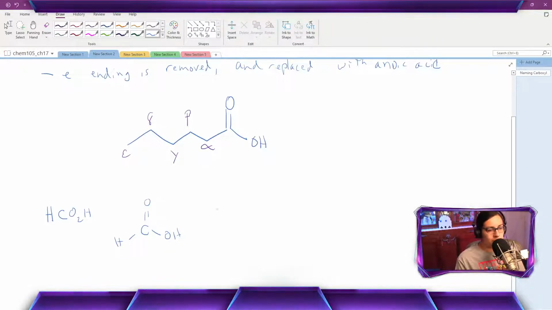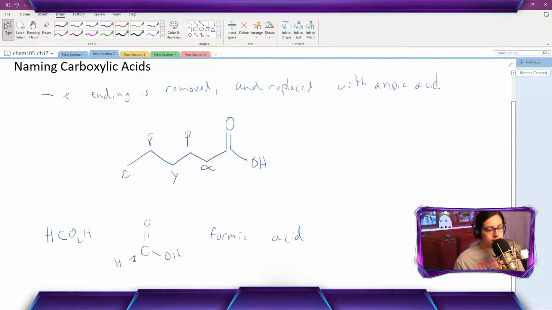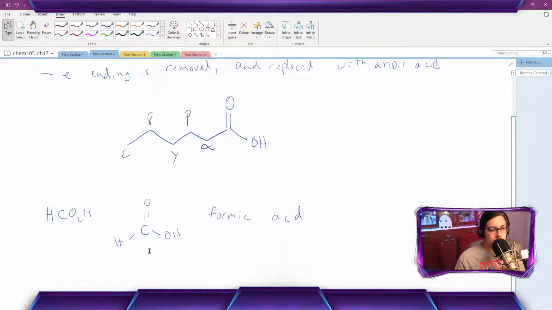The common name for this is formic acid, which is usually what you'll see in the naming. But then looking at our group, we have methane, that's our base for meth. Now we have meth, and the E is removed and replaced with -anoic acid. So methanoic acid would be the IUPAC name.